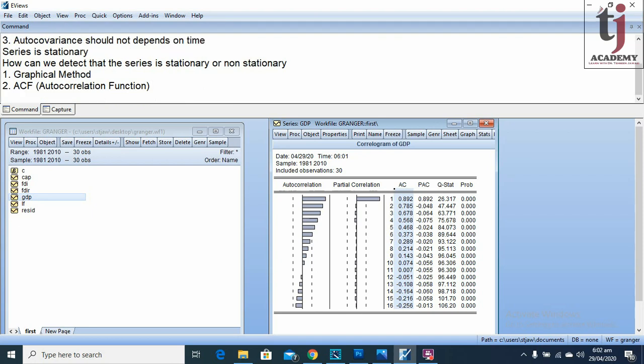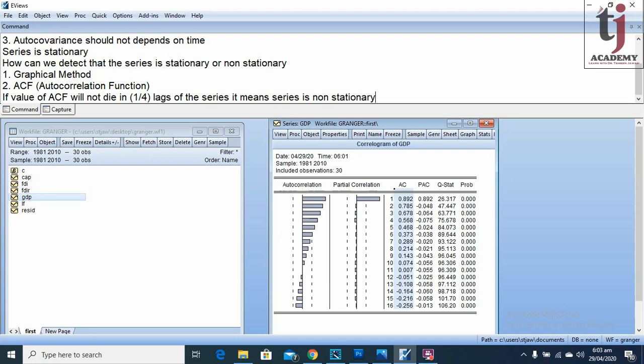If the values of the autocorrelation function will not die out within one-fourth number of lags of the series, it means the series is non-stationary.